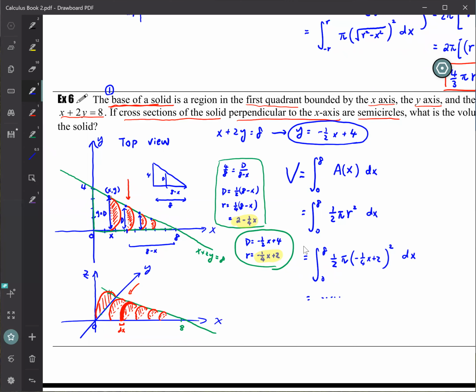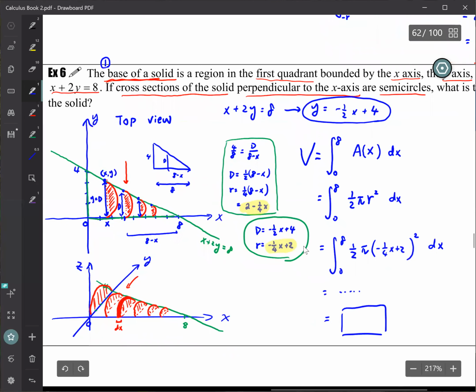Take the constant out. You could use substitution if you want, or you could expand the brackets and then do it one by one. After that, you can get the volume. We're not going into detail. I think the hardest part is to know how to get the radius and how to plug into the formula, okay?